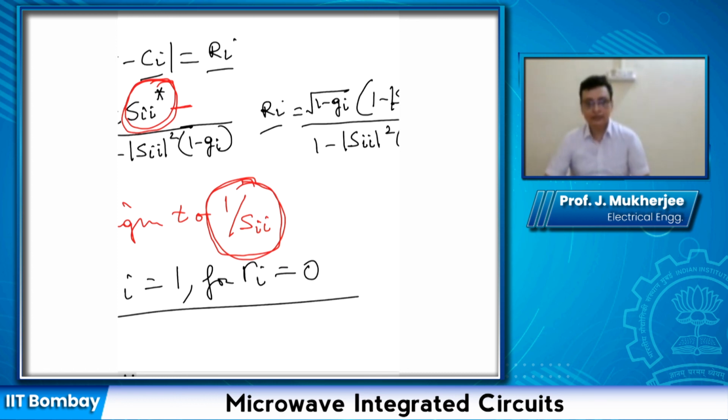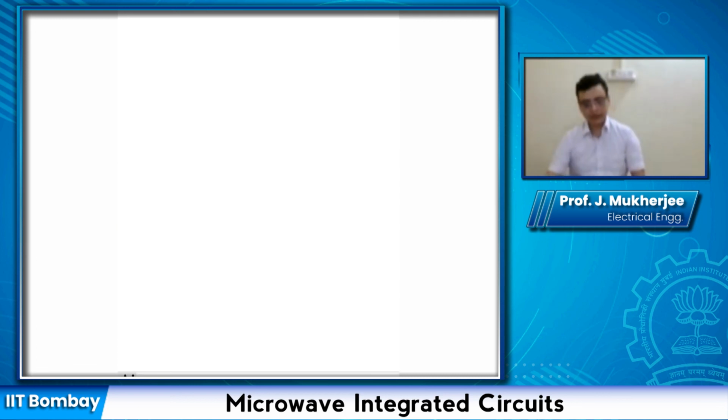Now the question is, is this a valid approximation? To understand whether it's valid or not, let us see the ratio of the gain obtained for the unilateral case with that obtained for the bilateral case.